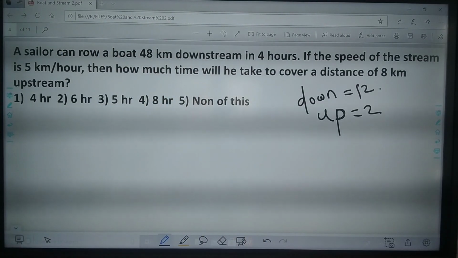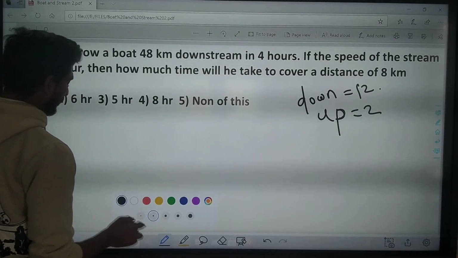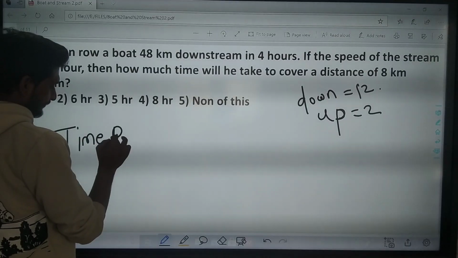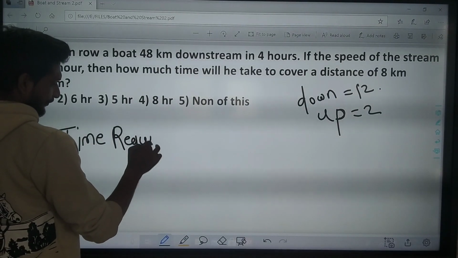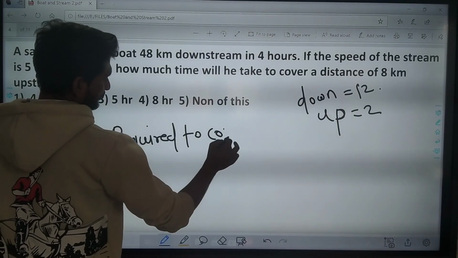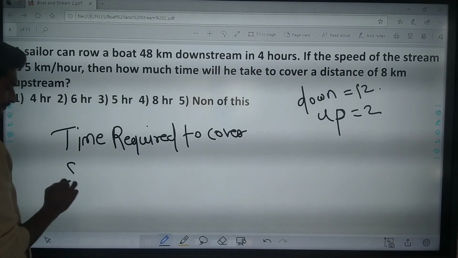Now here we find the time required to cover a distance of 8 km upstream.